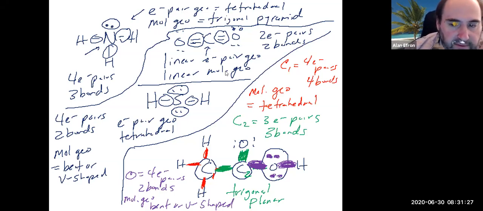So if you come across something that has more than 1 central atom, you take each of them individually, put your hand over the other part of the molecule, and then count all the electron pairs and bonds that are there. Any questions on that? Let me give you one to do like that.